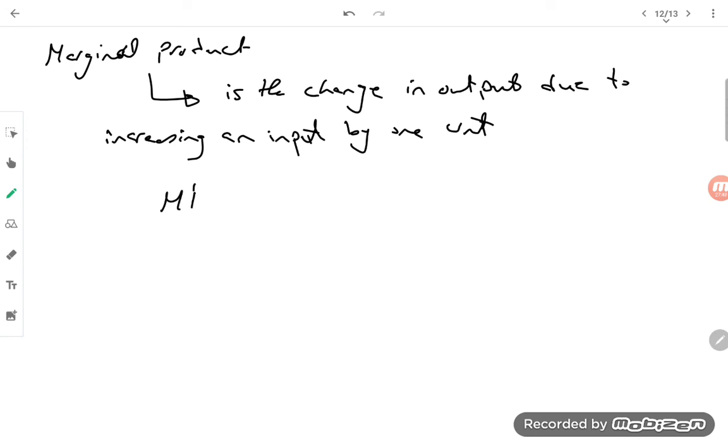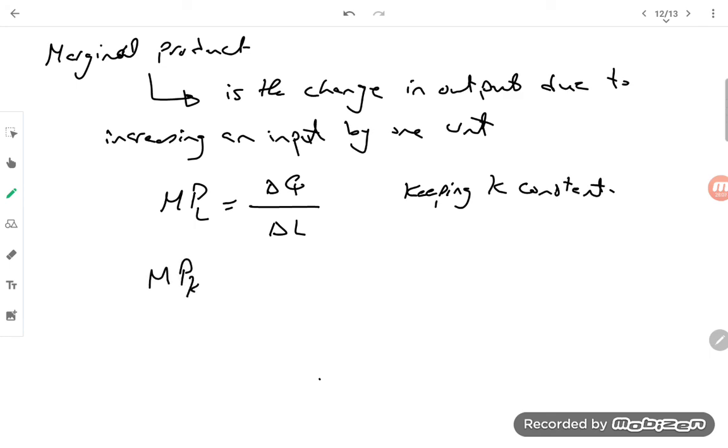So marginal productivity of labor is the change in quantity produced, or change in output, divided by the change in labor while keeping capital constant. And the marginal productivity of capital is the change in quantity divided by the change in capital, keeping labor constant.